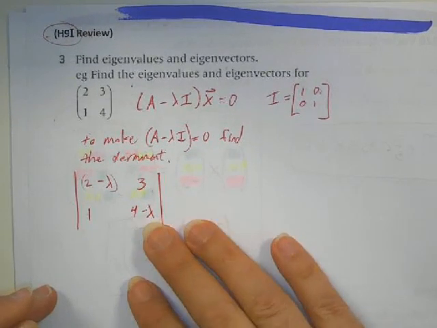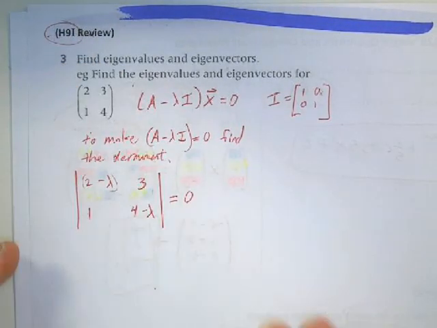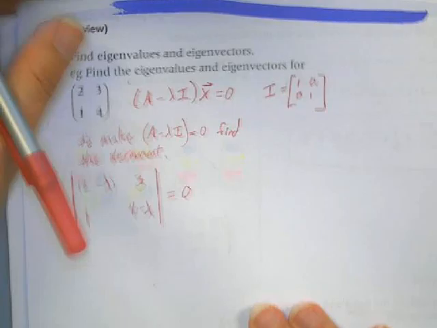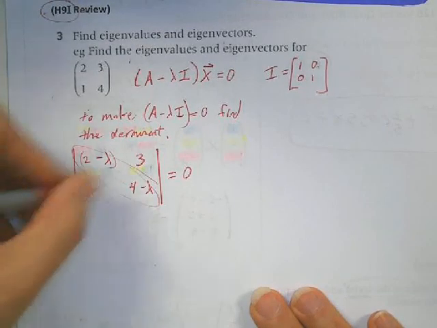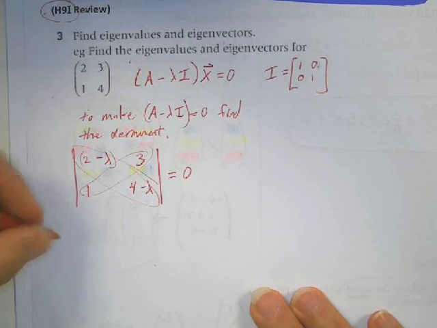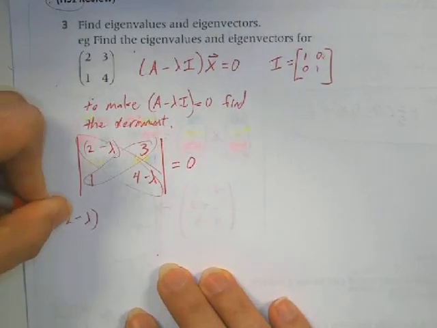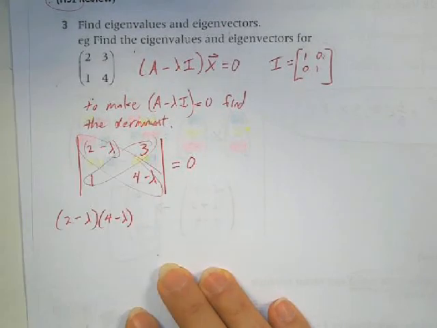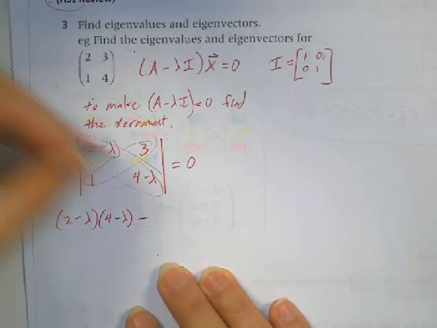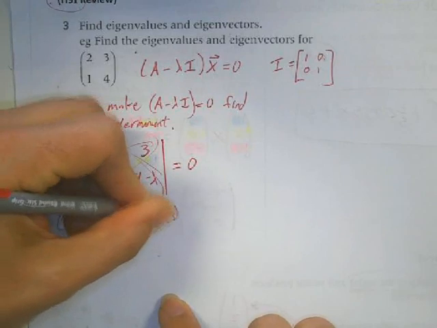But anyways, we need to make this equal to 0. To figure out the determinant, I'm going to have this times this minus that times that. So I have 2 minus lambda times 4 minus lambda, minus 1 times 3, and we make that equal to 0.